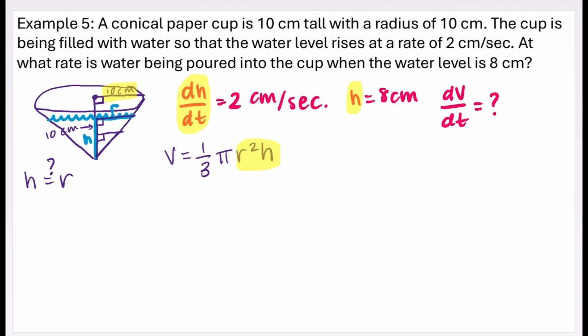But are all of those right triangles going to have an equal height and radius? If we think about it, they all have a right angle, so they all have one angle that's equal. And then they all share this angle down here at the bottom of the cup. So they have 2 angles that are equal, which also means the third angle is equal.